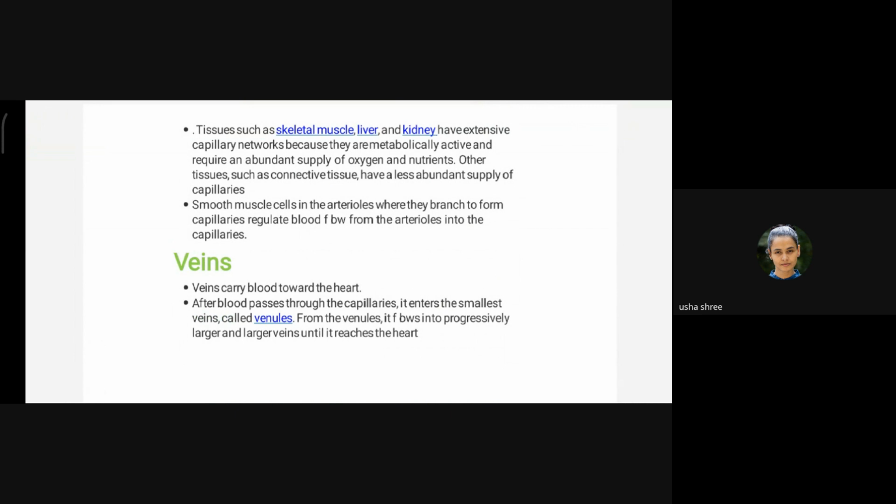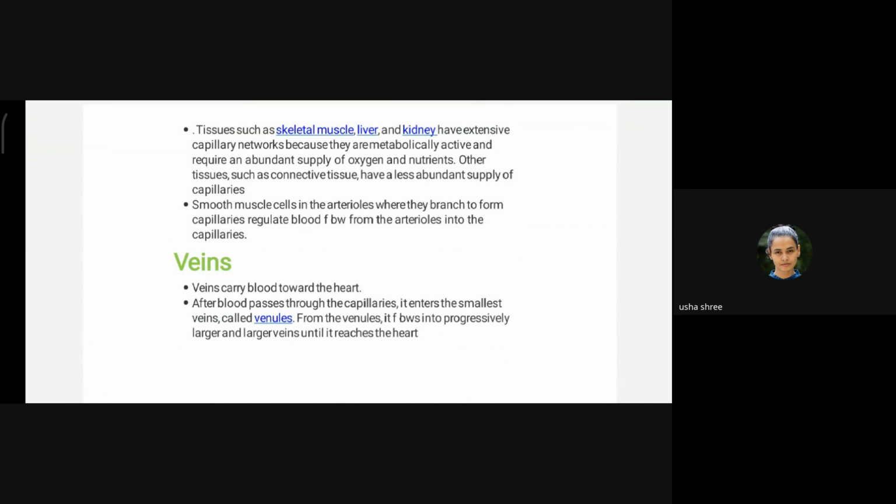So yes, what we were discussing: skeletal muscle, liver and kidney are metabolically active, so they need an abundant supply of oxygen and nutrients. So networks of capillaries are seen much more in skeletal muscle, liver and kidney.